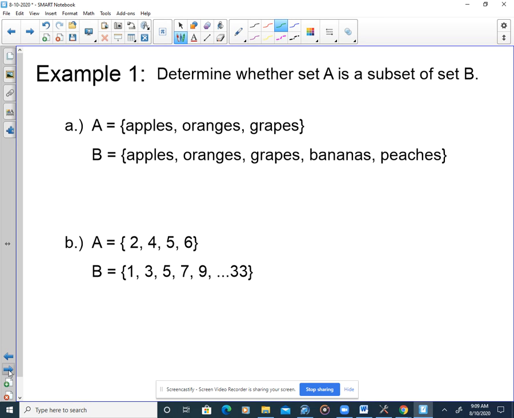All right, example 1. Determine whether set A is a subset of set B. So take a minute to think about whether set A is a subset of B in each of these examples. If we look at example A here, I want to know, is A a subset of B?